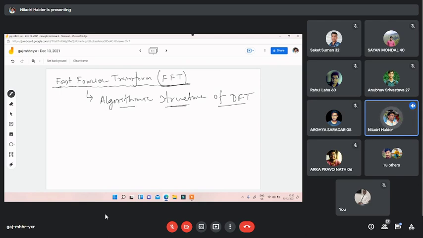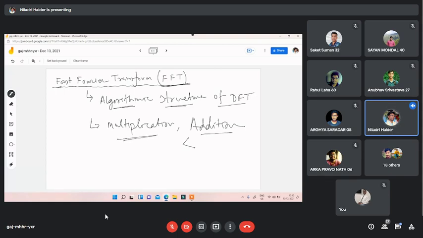That structure is followed by the DSP processor, and due to that structure, whenever you follow the process in detail, you will see that the number of multiplications and additions will be less.